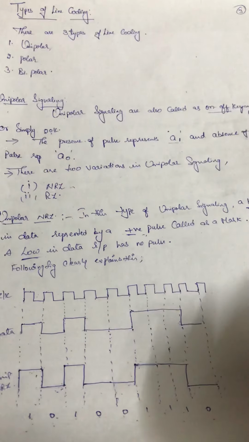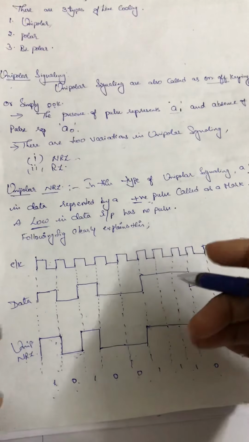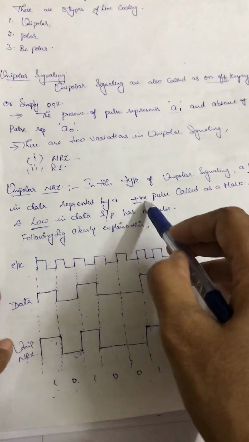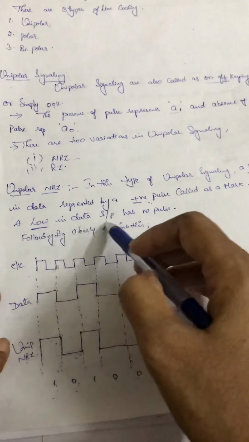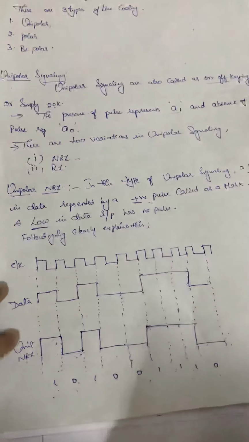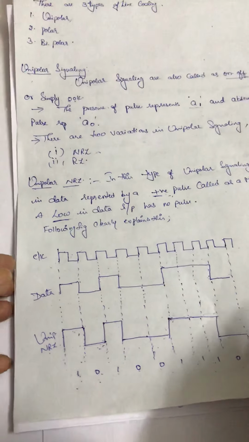Now let us see its diagram. Here high indicates a positive pulse, and low indicates no pulse. By seeing this figure you can understand easily.